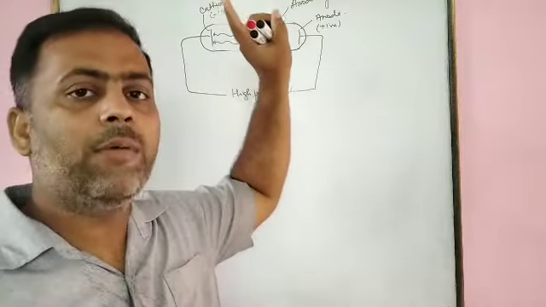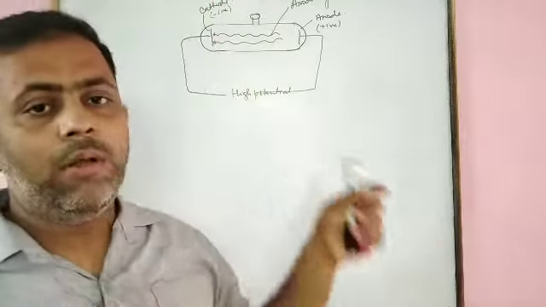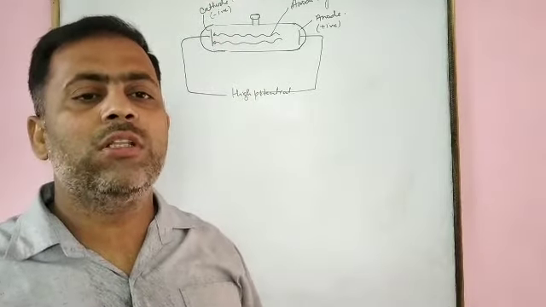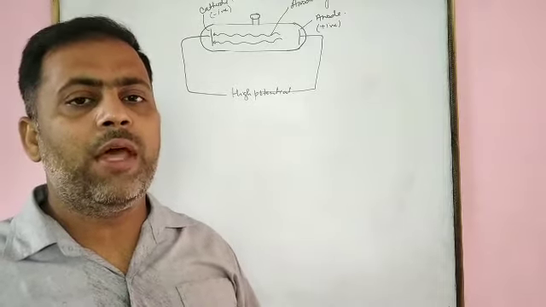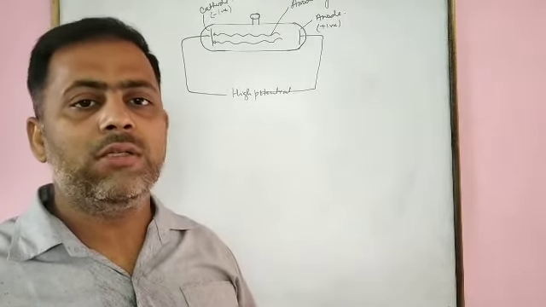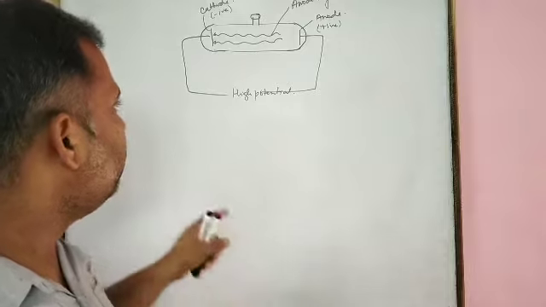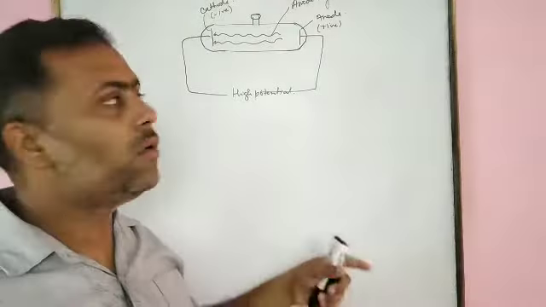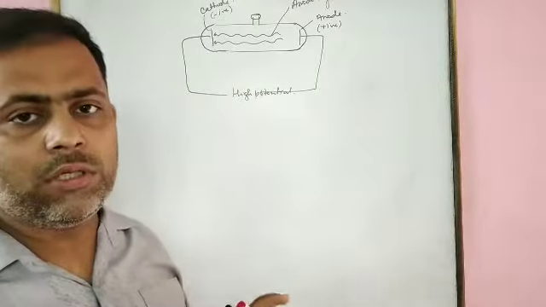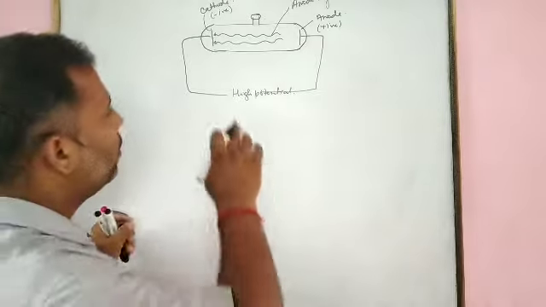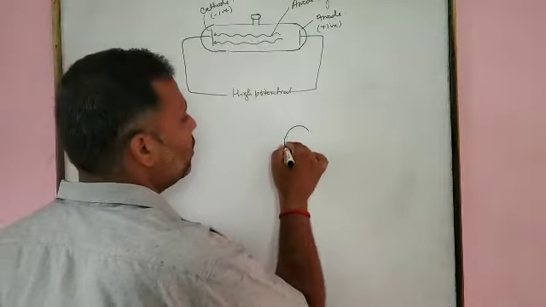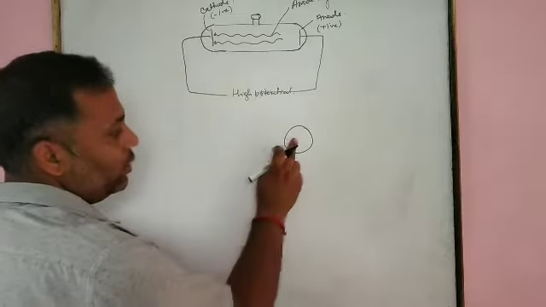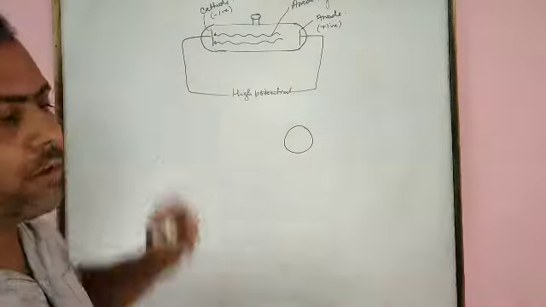These two rays are produced at the same time, simultaneously, but we study them one by one. What happens on application of high potential? Let us assume a gaseous atom in both experiments.